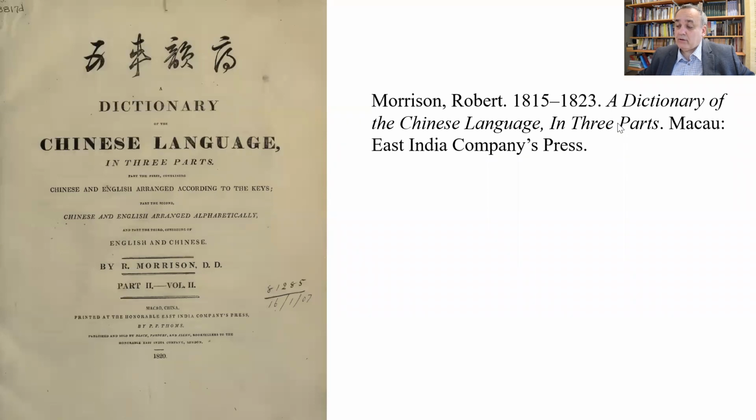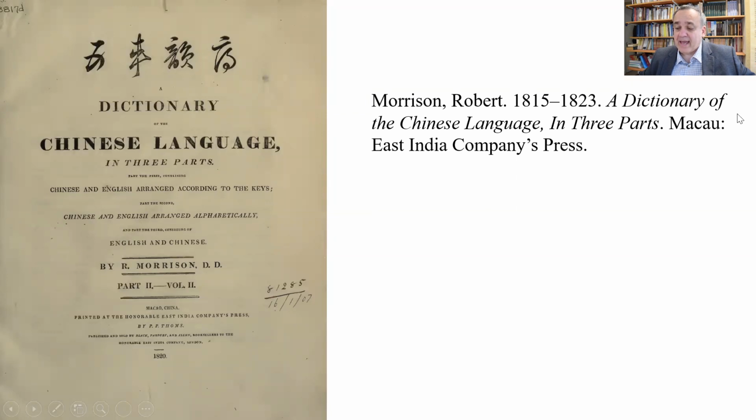Actually, if we look back a little bit further, we look for precedents. Some Chinese scholars have pointed out the importance of this dictionary by Robert Morrison, who was an Anglo-Scottish missionary. His dictionary, which was published over the course of several years, is called A Dictionary of the Chinese Language, in 3 parts.